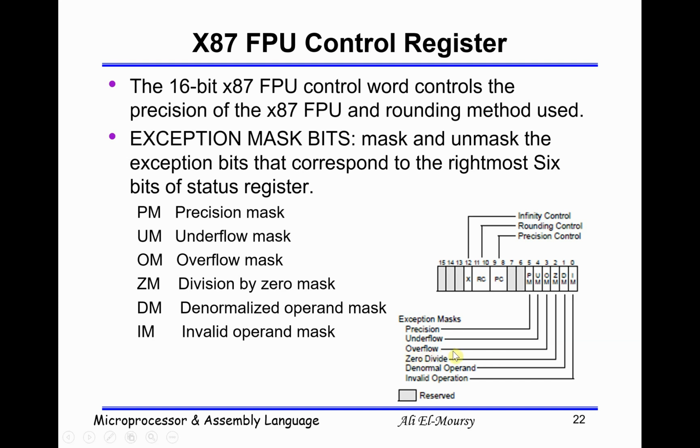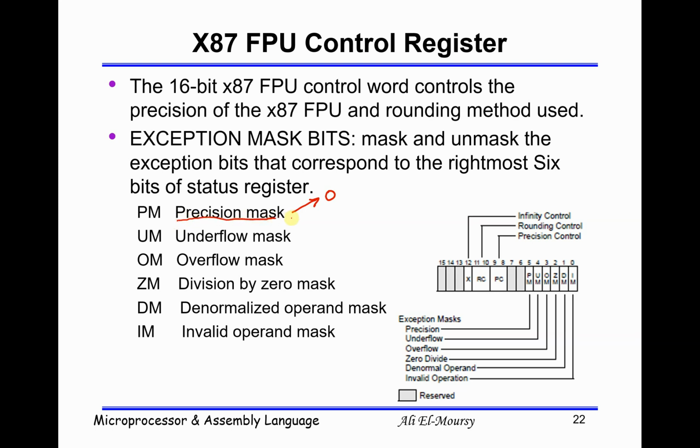So it is the choice of the programmer whether to invoke some subroutine or some instructions when the exception happens. This is controlled by the mask bits. For instance, if I set the mask bit to 0, it means if the precision fault happens, there will be no action taken by the processor.